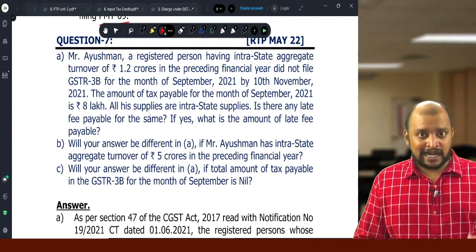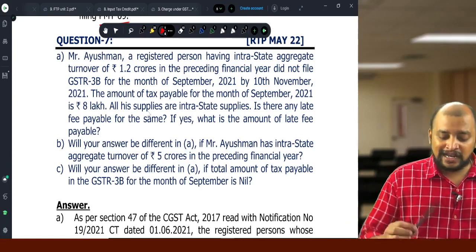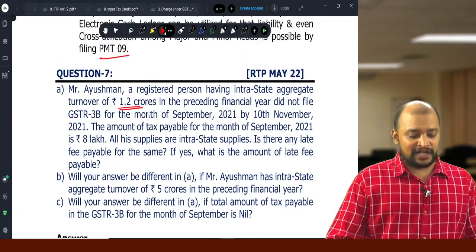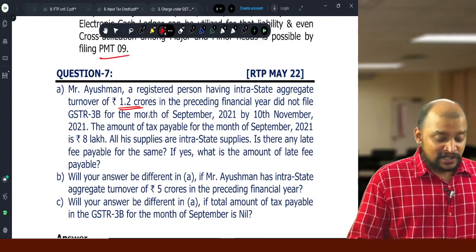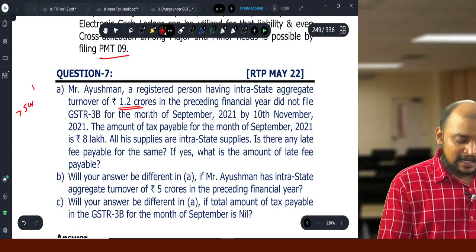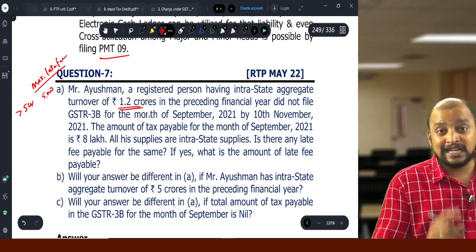25 rupees per day, subject to maximum 1000 rupees if the aggregate turnover does not exceed 1.5 crores in the preceding financial year. In the preceding financial year, if the aggregate turnover exceeds 5 crores, then the maximum late fee will be 5,000 under each Act.